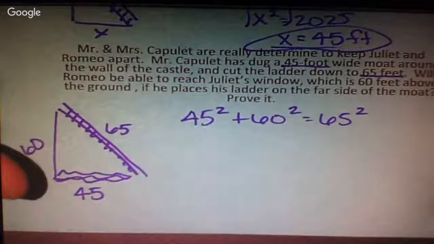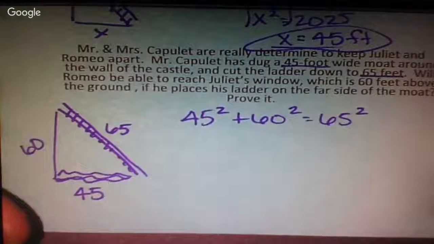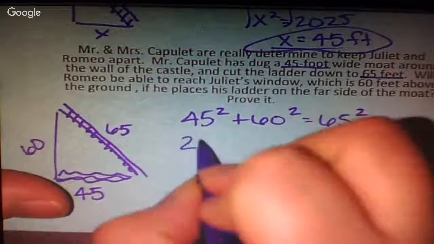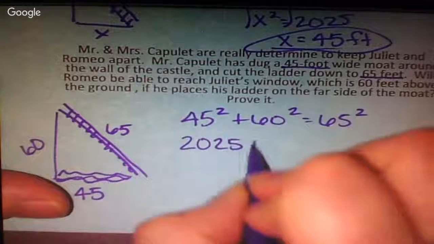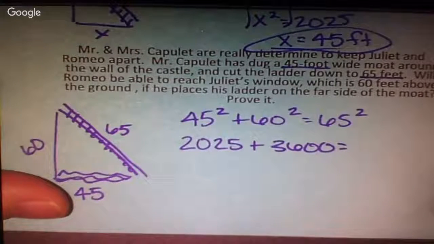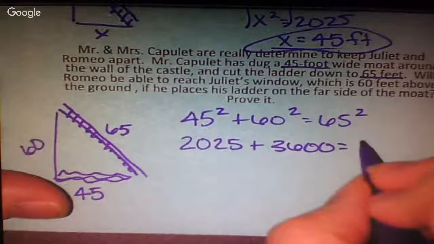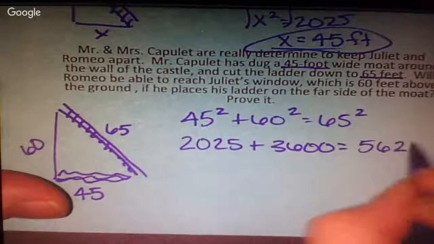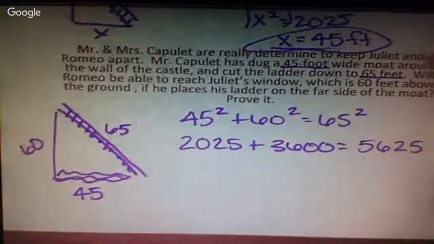Did I do it? She didn't do it right. 2,025. And then 3,600. Good. 5,625. Rebecca jumped in and helped you out there.